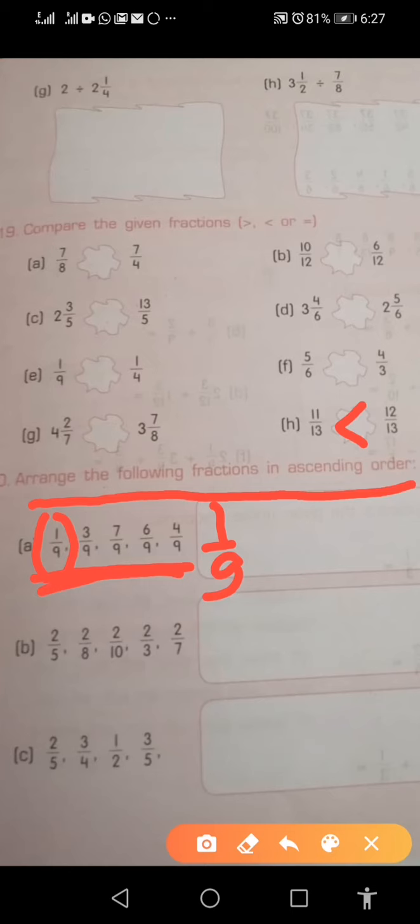Ascending order we write as 1 by 9 is smallest, after that 3, after that 4, then 6, and the greatest is 7 by 9.